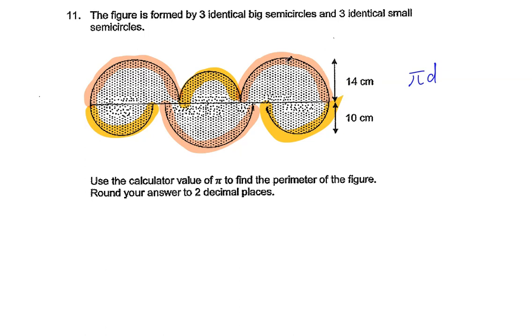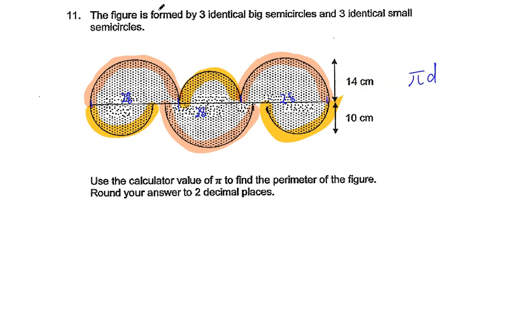The radius is 14, so the diameter will be twice the radius. So it will be 28, right? From here to here, it's 28. And from here to here is 28.